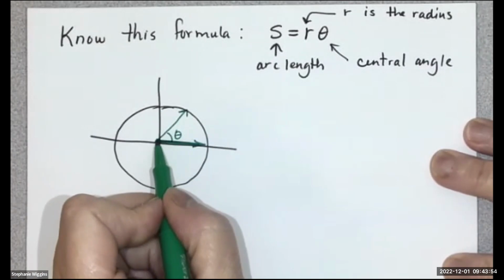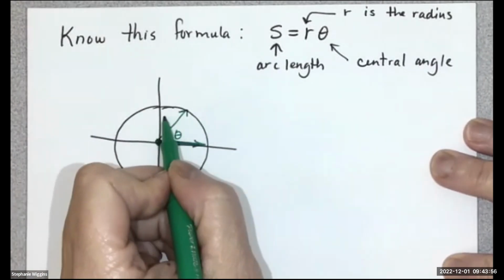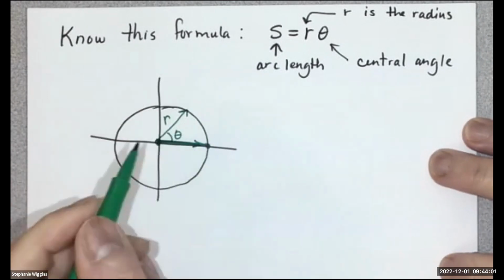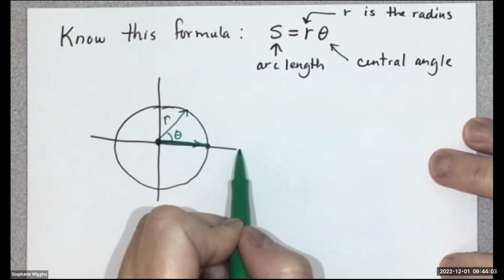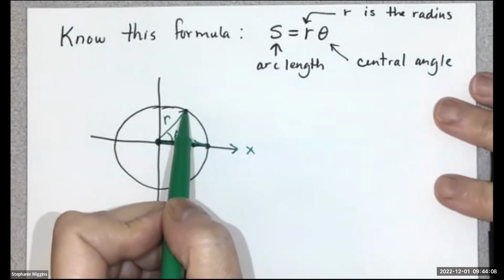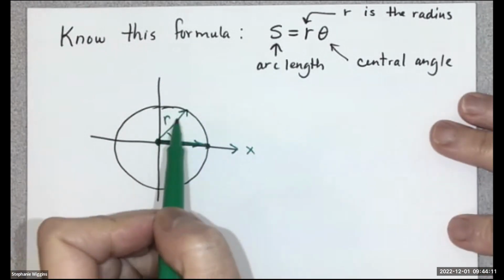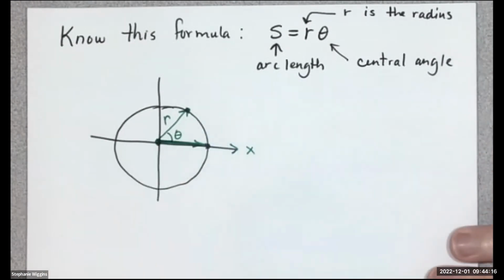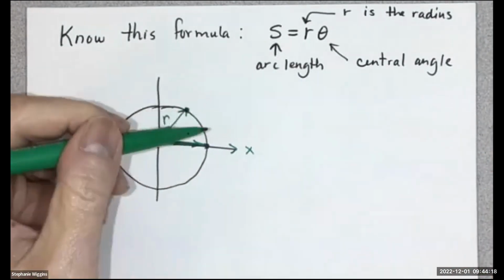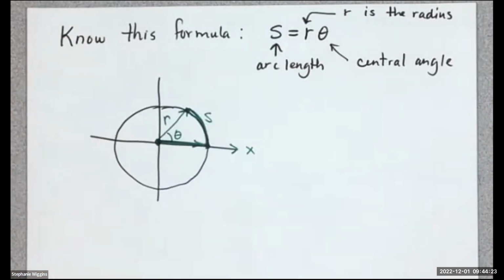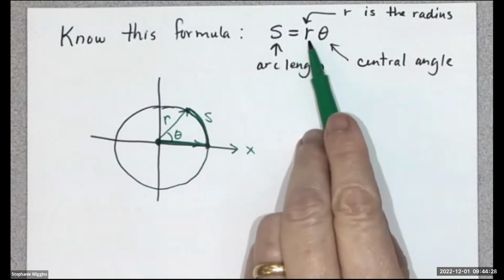The radius is the distance from the origin to the edge of the circle. That's your radius. And so the arc length is the distance from the point on the x-axis to the point where the terminal angle intersects the circle, okay? So the two intersection points of the angle with the circle, the distance along the arc is your S. And the relationship between S, R, and theta is that S equals R theta.